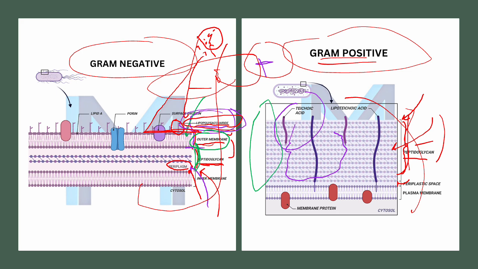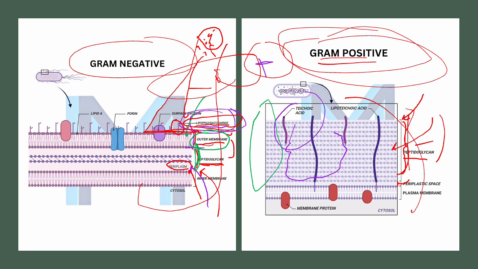Now, let's see an example here. We have Staphylococcus aureus or Streptococcus pyogenes or Bacillus anthracis. These three are examples of gram-positive bacteria.